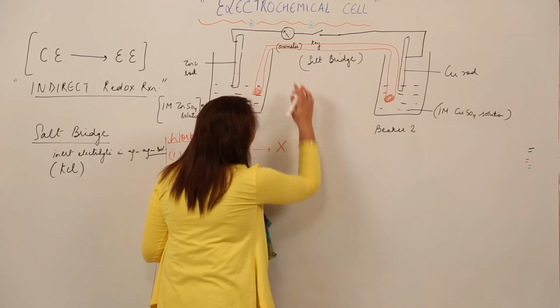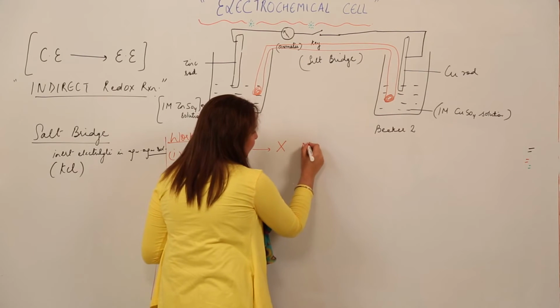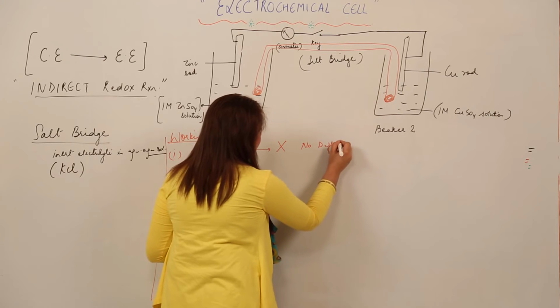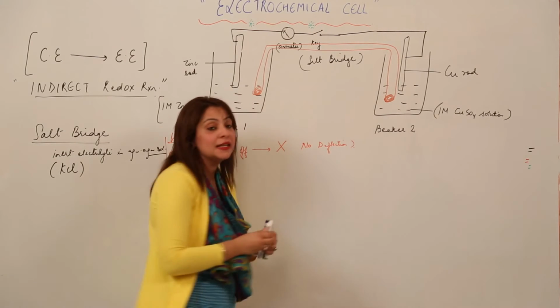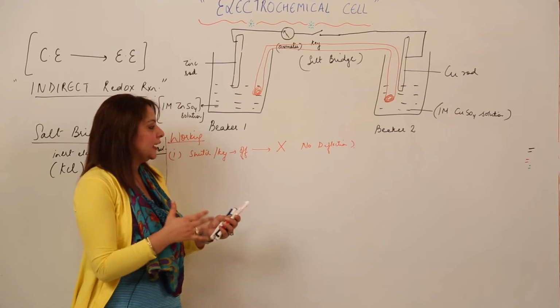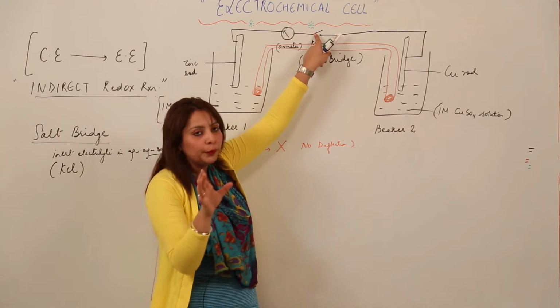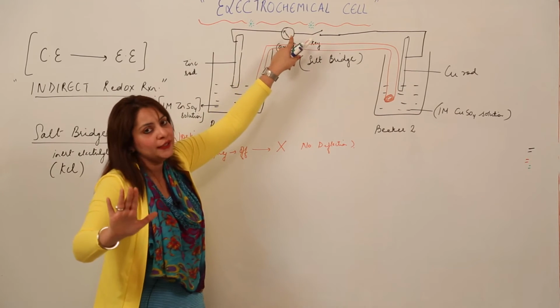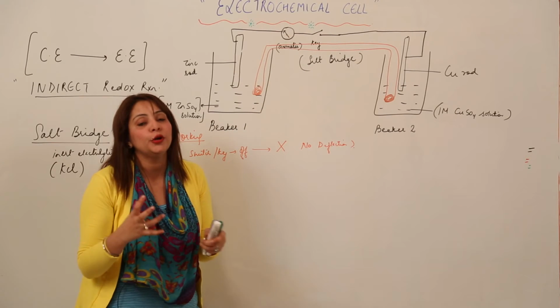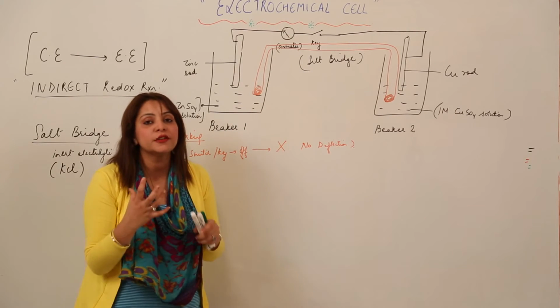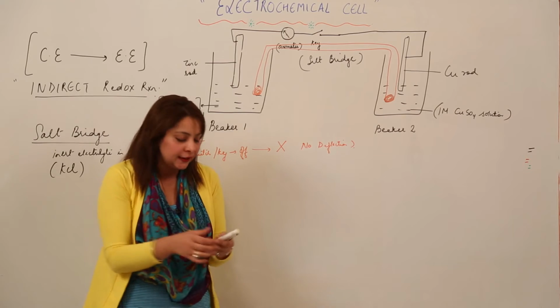There is no deflection produced in the ammeter. That means nothing happened, right? So when this key is open, we see no deflection in the ammeter, indicating that there is no production of electric energy, no conversion of chemical energy into electric energy, right?